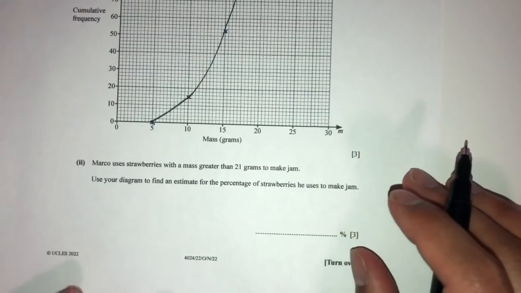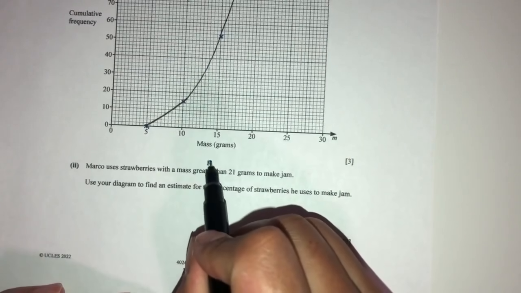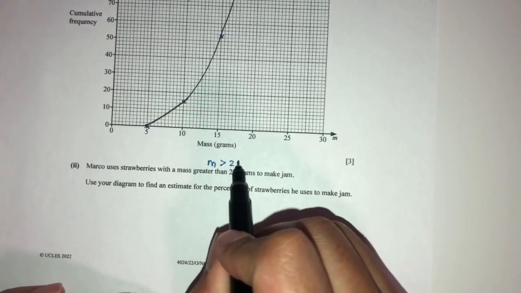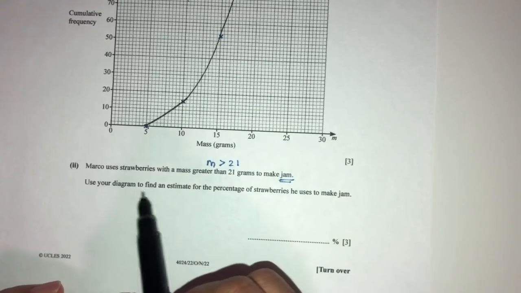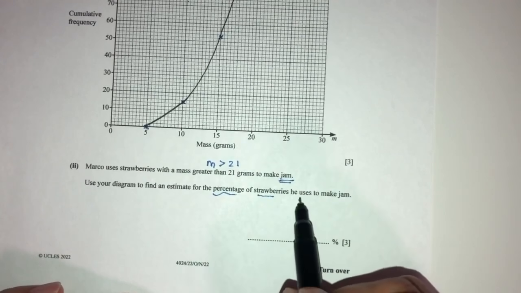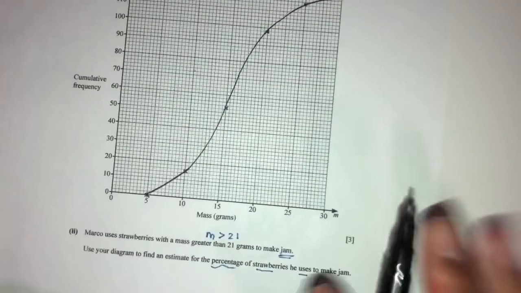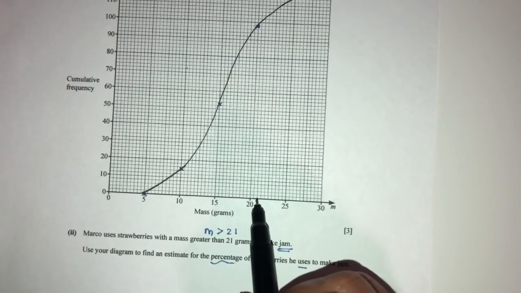Now from this, Marco uses strawberries with mass more than 21 to make jam. Use the diagram to estimate the percentage of strawberries he uses to make jam. If this is 5, 10, 15, 20, then 21 will be right here.